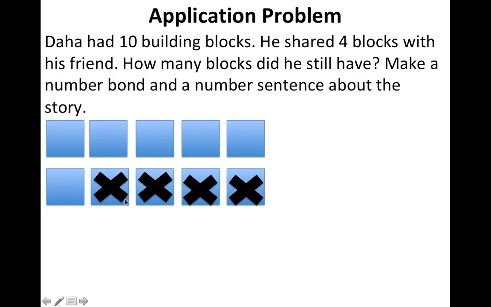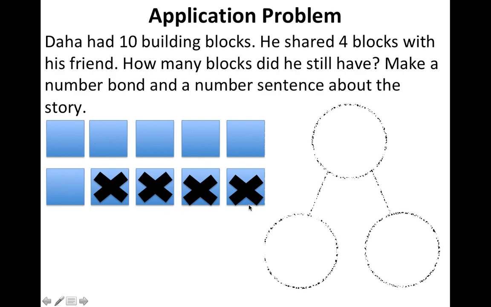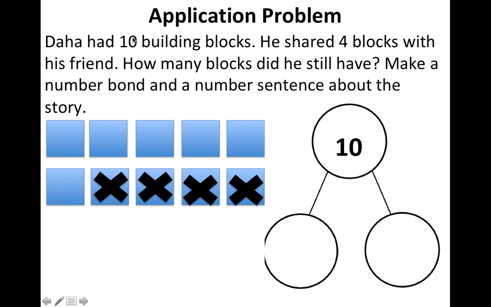So I put 4 X's on 4 of the blocks to show that they were given away. How many are left? So I have 5. I'm going to use a counting on method and make it 6 after that. So 5, 6. So he still has 6, and he gave 4 away. So to make the number bond, I know from the story he has 10, right?